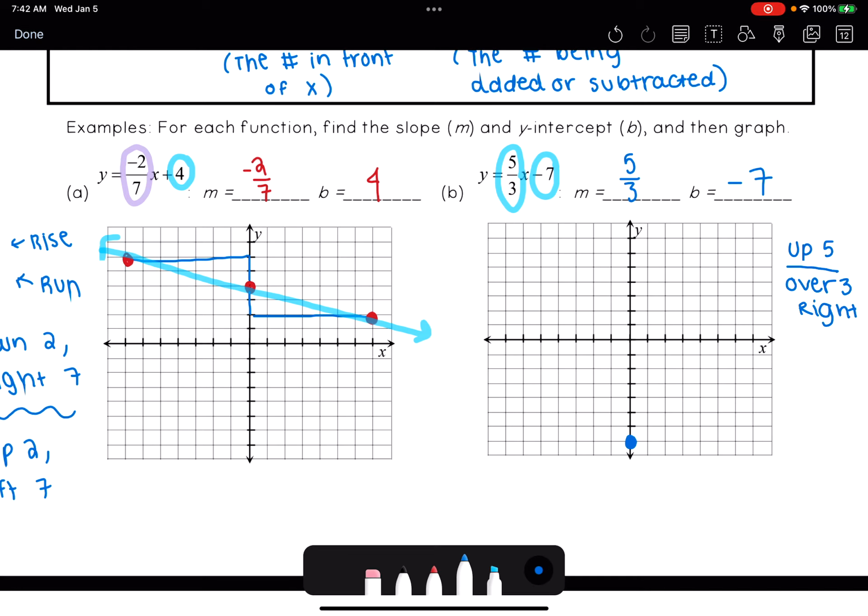So up 5, 1, 2, 3, 4, 5, right 3. And we can repeat that again if we have more space to go. And then we'll run out of space. So here is our line.